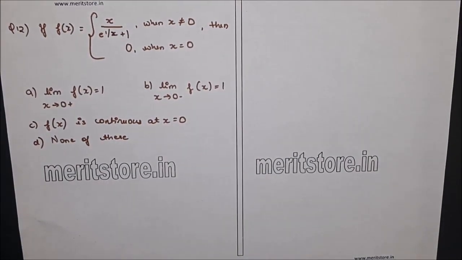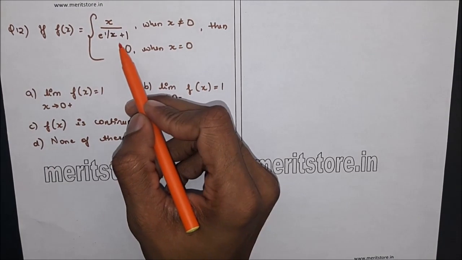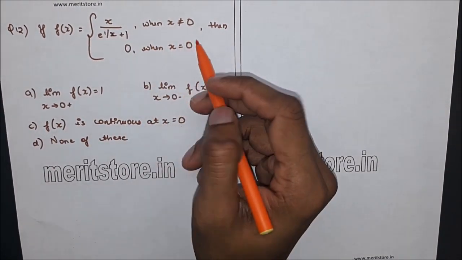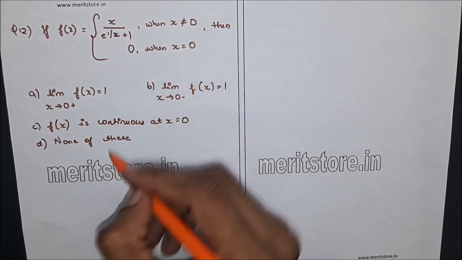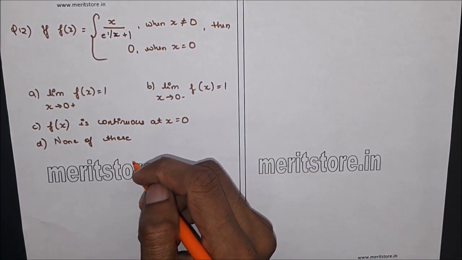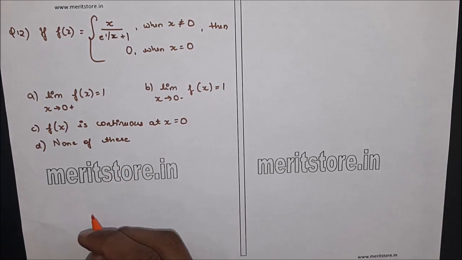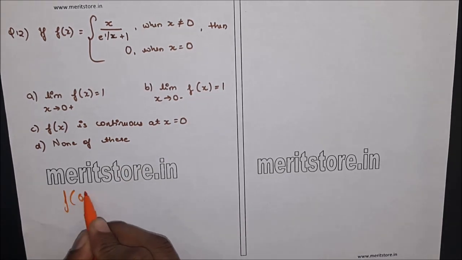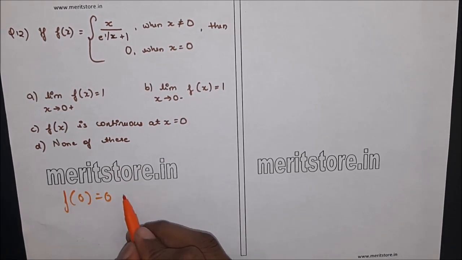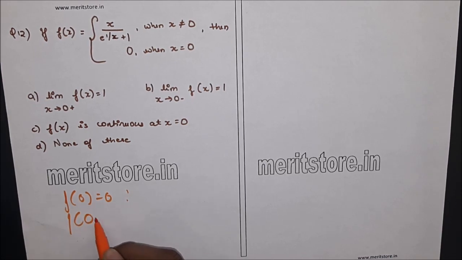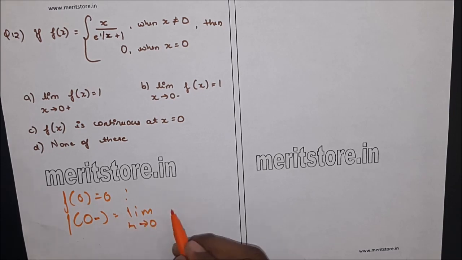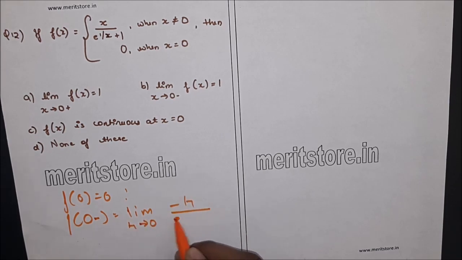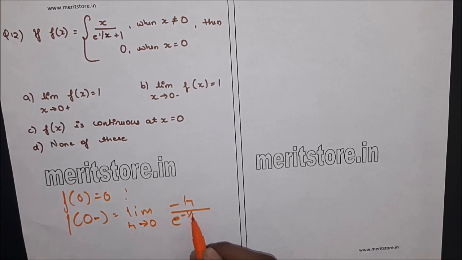Question 12. If f(x) = x / (e^(1/x) + 1) when x is not equal to 0, and 0 when x is equal to 0, then we are given 4 options. For f(0) equal to 0, for f(0) from the left hand side, that is the limit as h approaches 0, we get -h / (e^(-1/h) + 1).